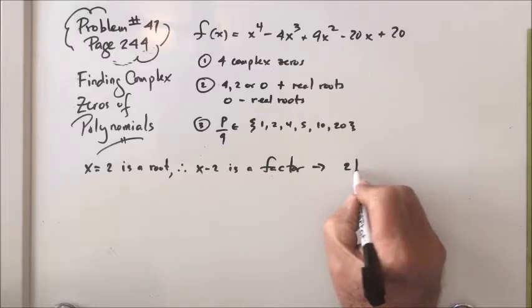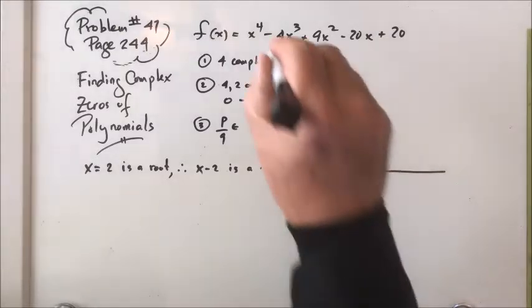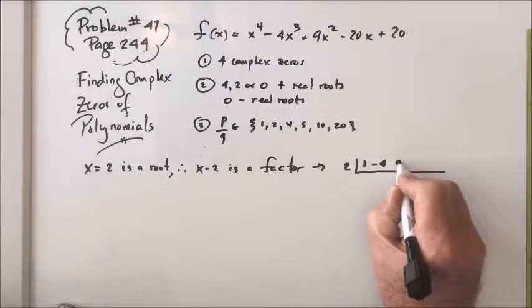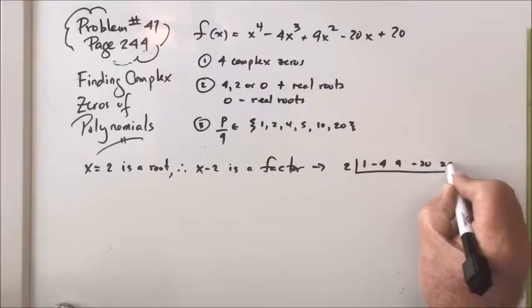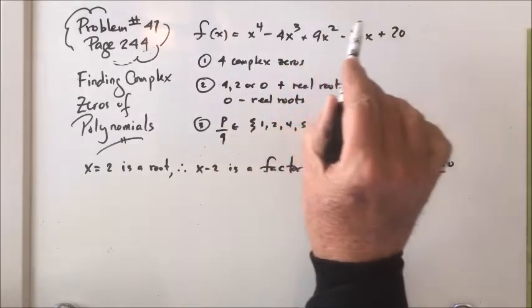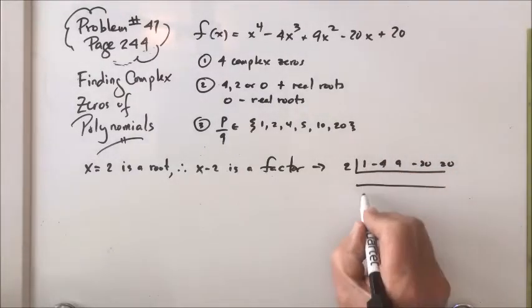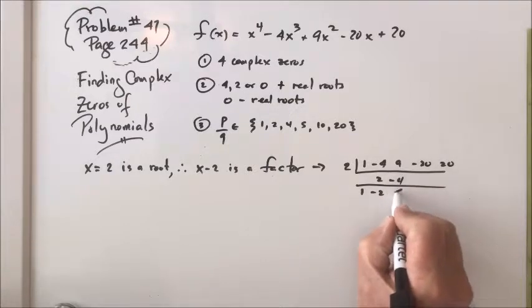I'm going to try to see what happens when I take x minus 2 out of this fourth order polynomial. So let's not make any mistakes here. Minus 20, 20. I've got 4, 3, 2, 1. Everybody's represented. So let's just go ahead and drop the 1. Add 2, minus 2, minus 4, 5.